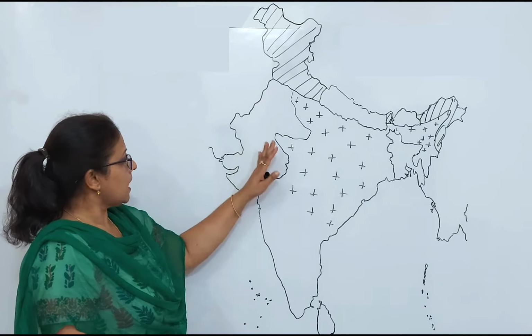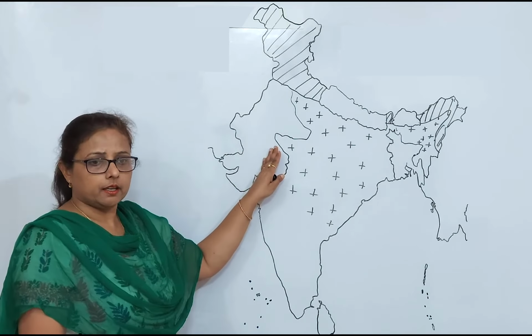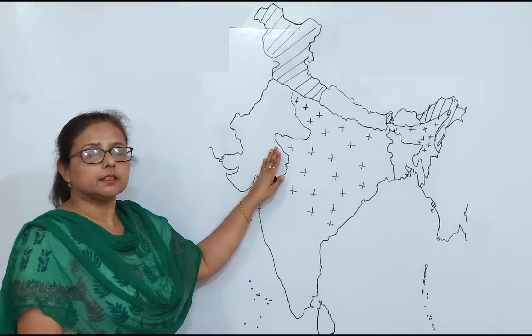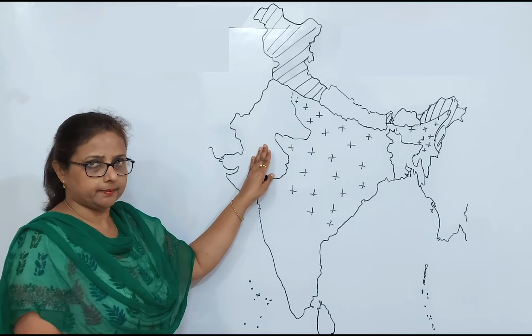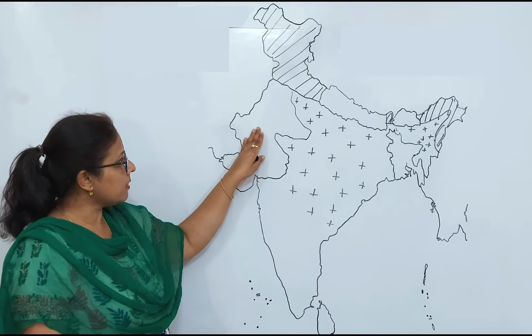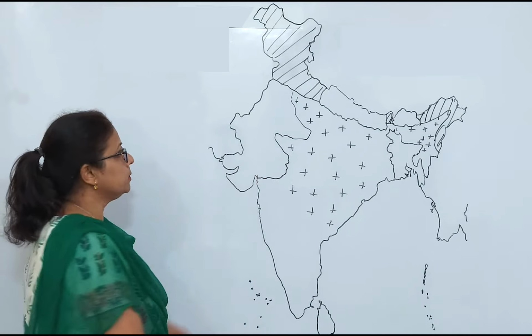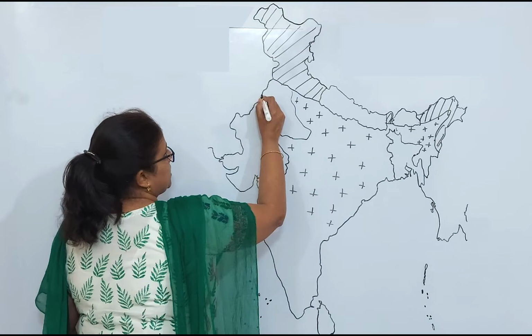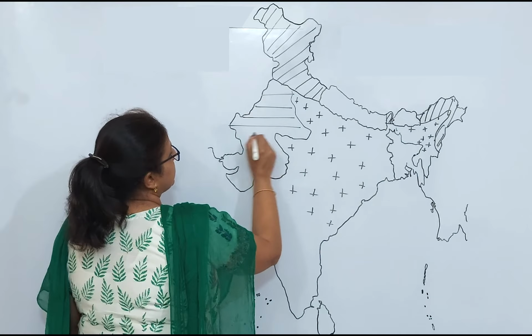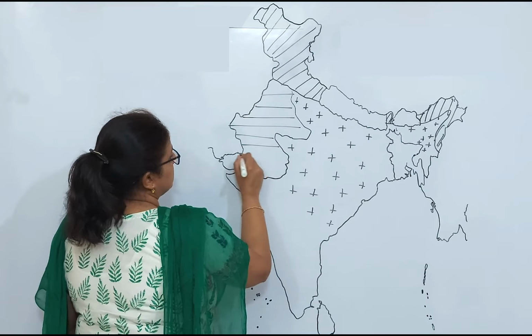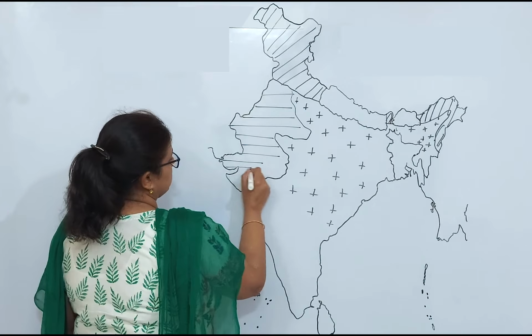Now, a large area of India comes under a region where rainfall is scanty. So most of these areas, which include parts of Rajasthan and Gujarat, have thorny bushes.